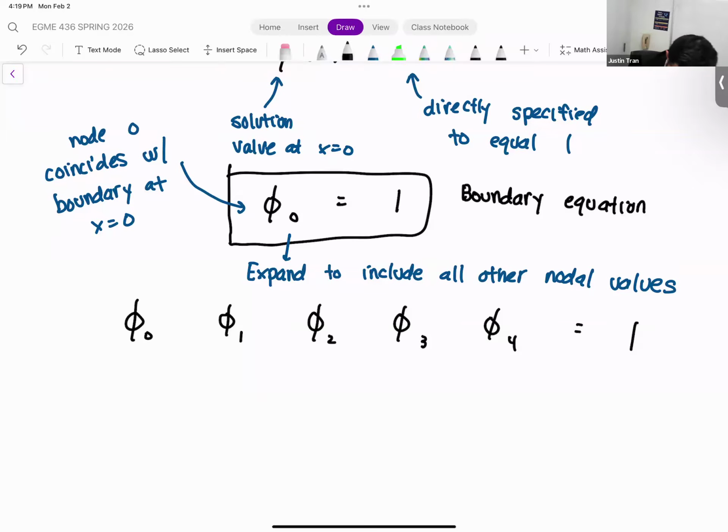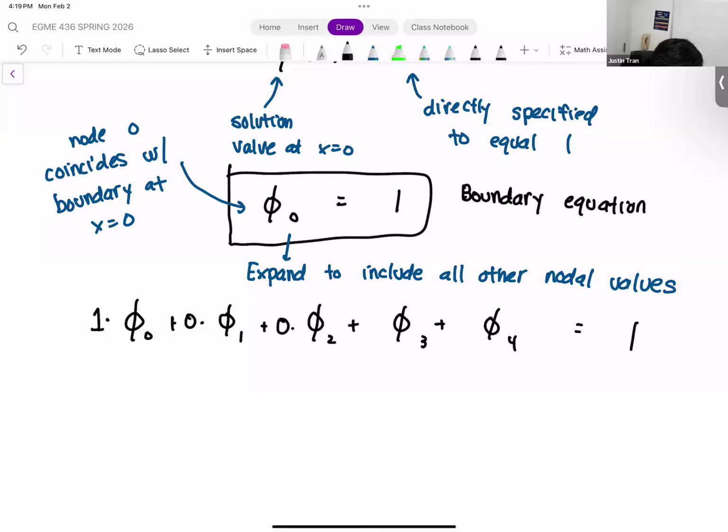But to make this equation consistent with our boundary equation, we need to add coefficients in front of all of these phi values. For example, I'm going to take the number 1 and multiply it by phi 0, because that's consistent with the previous equation.